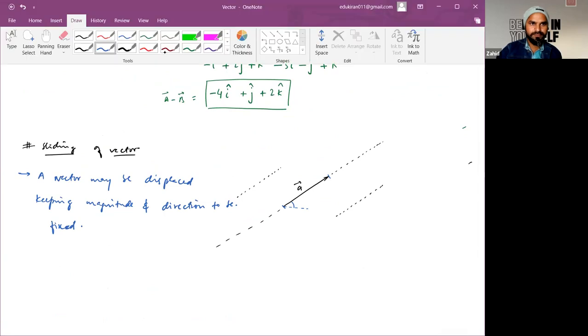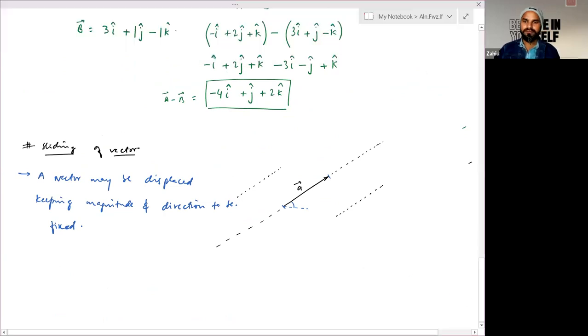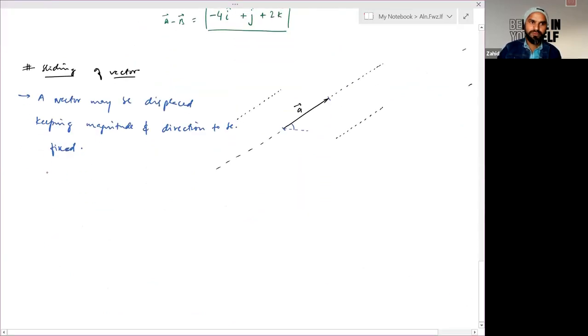Next is, what would be the condition for equality of two vectors? As every vector contains two terms, one is magnitude and other is direction.